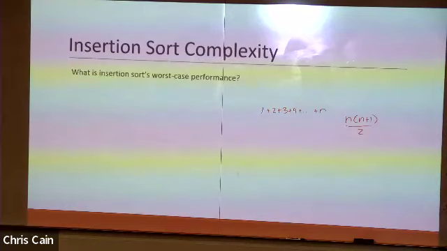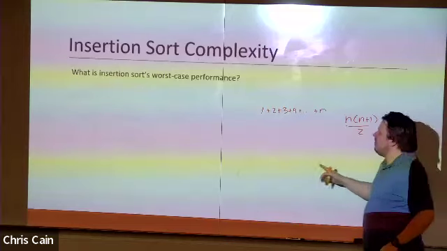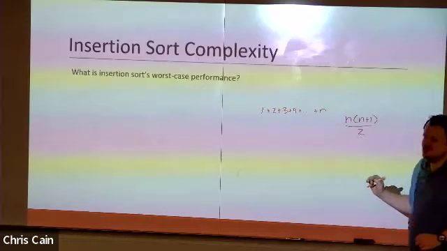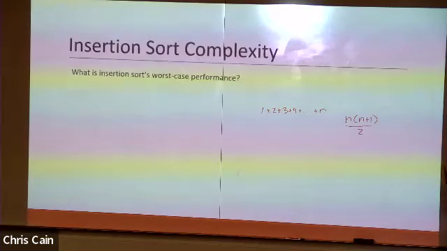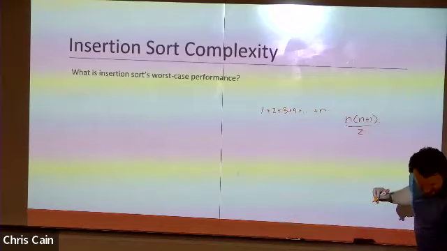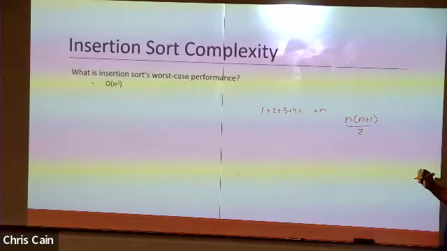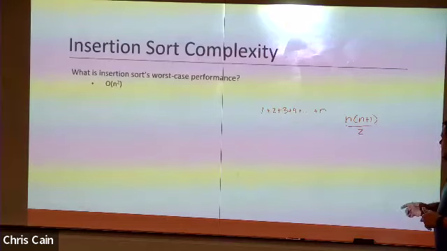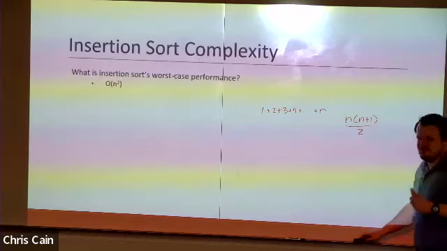We know that it might perform better than its worst case performance. We've just identified an upper bound. It can't take more work than this. So we're going to call this big O of n squared. This is not big theta of n squared because it might run faster than this. We don't know yet. But it will not run worse than this. We've identified the worst case.